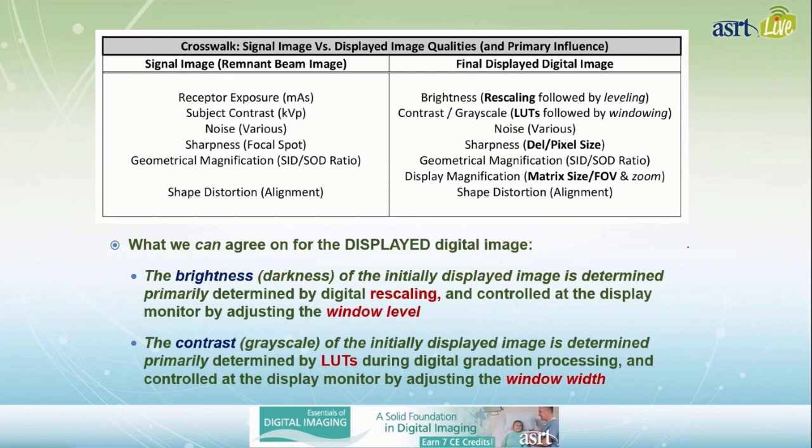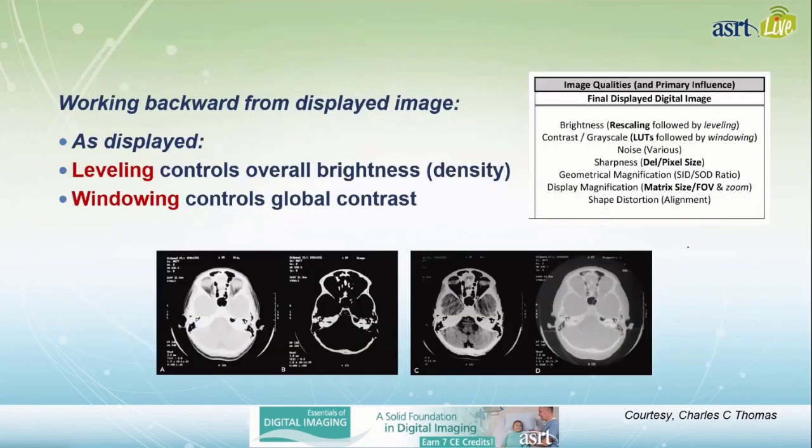Should be obvious. The contrast, likewise, of the initial displayed image is primarily determined by LUTs, lookup tables, that are used during digital gradation processing, and then we can play with it by adjusting the window width. Just to drive this point home, a couple of illustrations because we're going to make a comparison here.